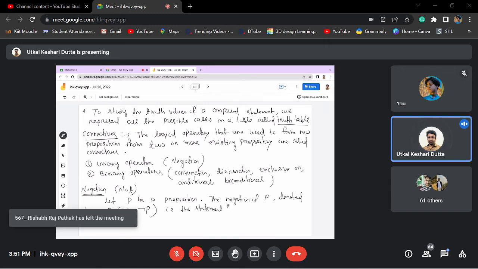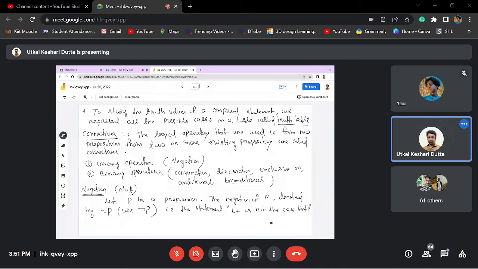The negation of P is the statement, very simple: "It is not the case that P." Whatever the proposition P is, if you are finding its negation, you can simply write "it is not the case that" followed by the given proposition.